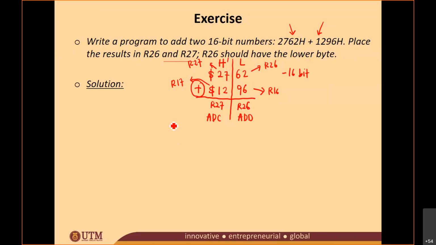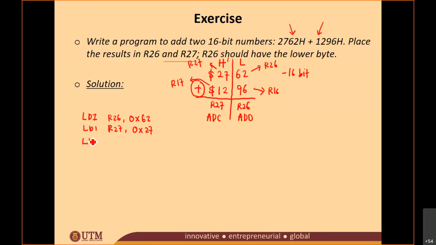How to write the program? First load these numbers to your registers that you already assigned, and after that you add them together. So LDI R26 with what number? 0x62. LDI R27, what number? 0x27.